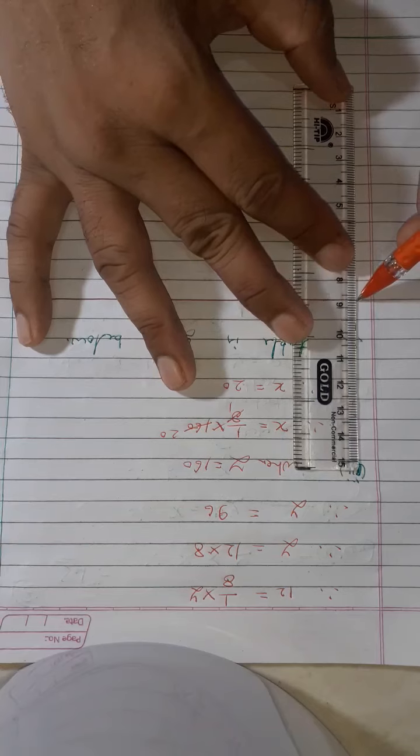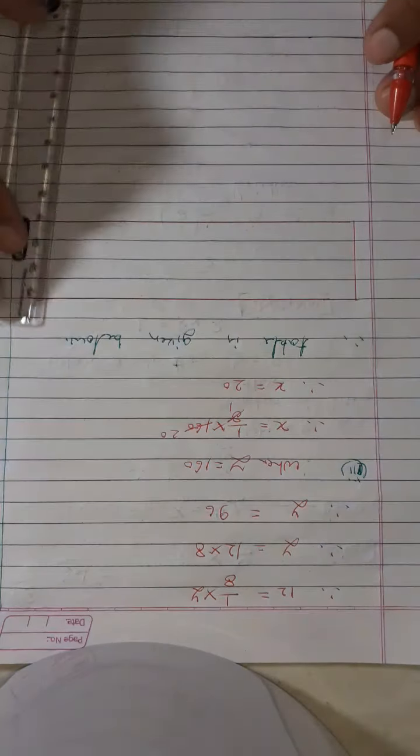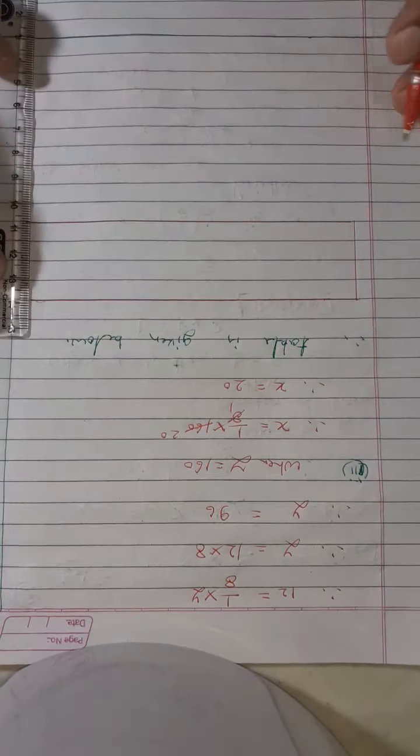Okay, so here, now this is what? X. The number of apples is x.